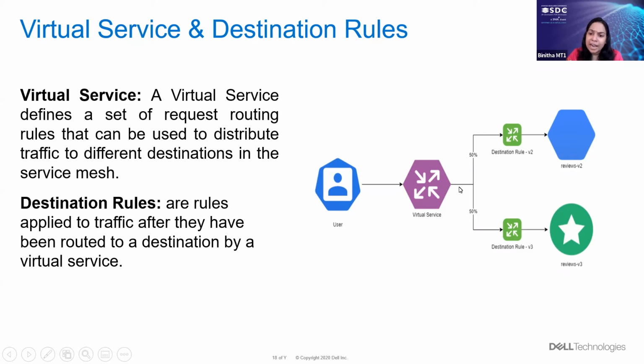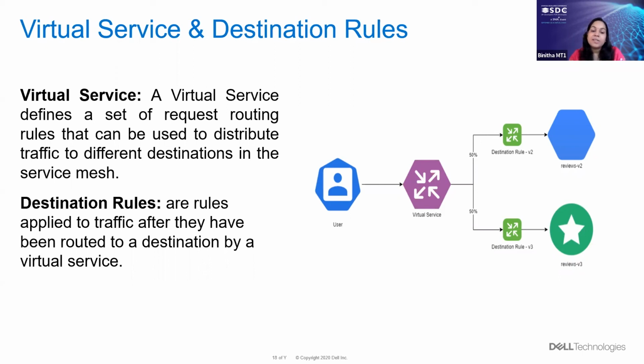Once it has been decided which destination to go to, it is the destination rule that plays a role. That destination will have subsets, or different versions, of that destination. Like in this case, reviews v2; there will be multiple subsets of the same. Then the destination rule will tell you, okay, from here it should reach the ultimate point, reviews v2.1, something of that sort.